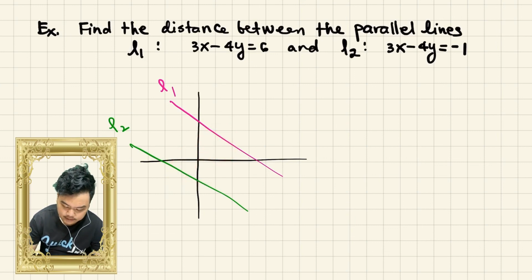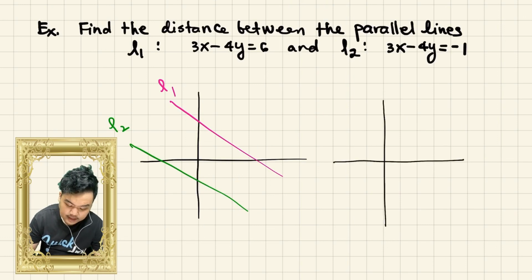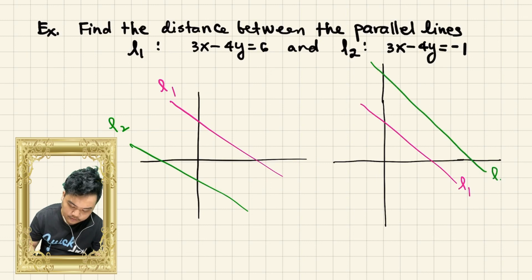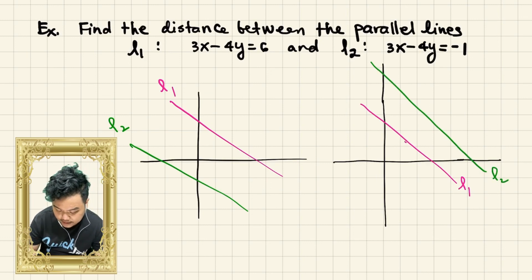Or yung isang case naman ay nasa same quadrant yung line, no? Let's say this is L1 and lakihan natin na onti yung axis ko. Let's say this is L2. Okay? So, from the normal form, mahahanap ko yung distance ni L1 from the origin.